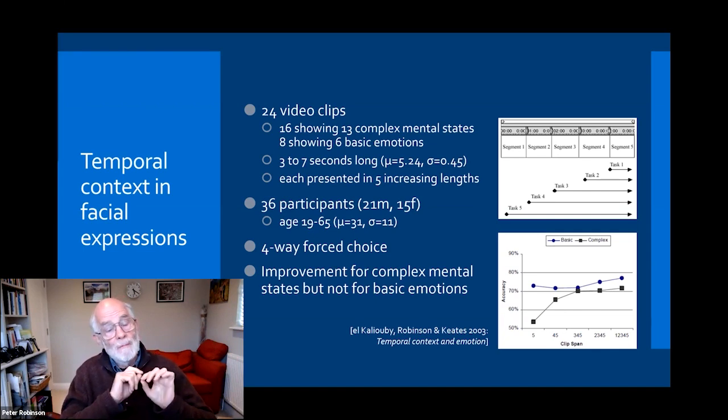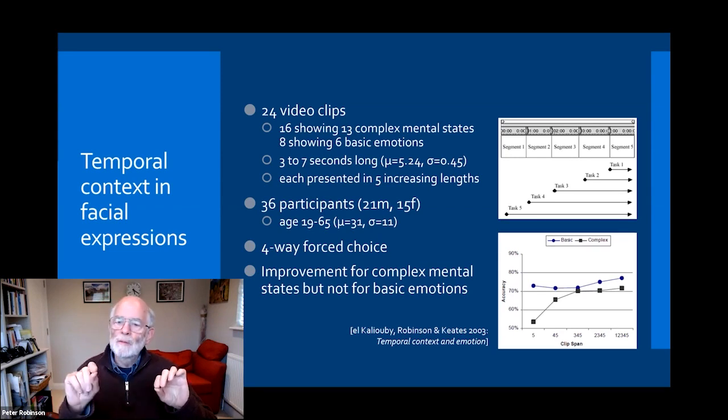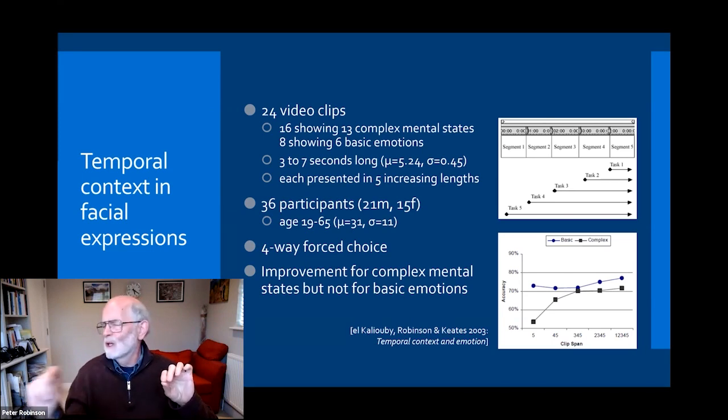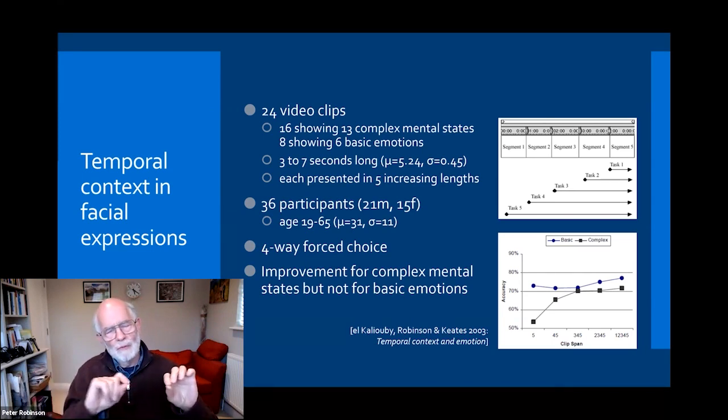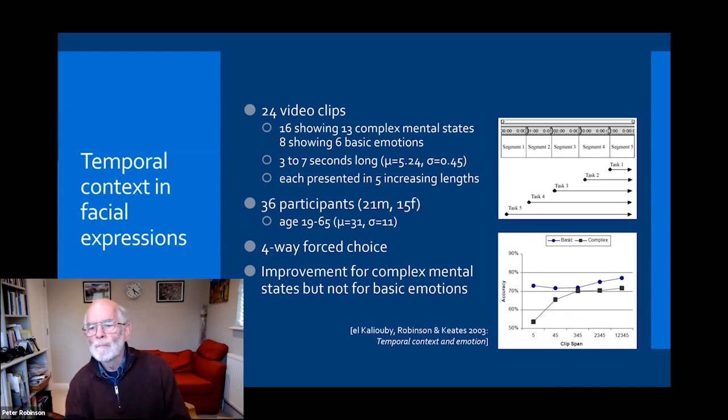But with the complex mental states, we found that the recognition rate rose from about 50% up to 70% as the length of the video clip went up to about 2 seconds, and then it leveled off. After 2 seconds, you couldn't really improve much more. So that told us that we would need to analyze moving video if we wanted to understand complex mental states.